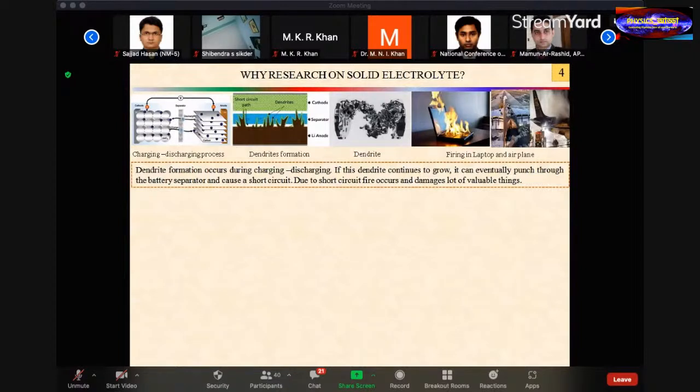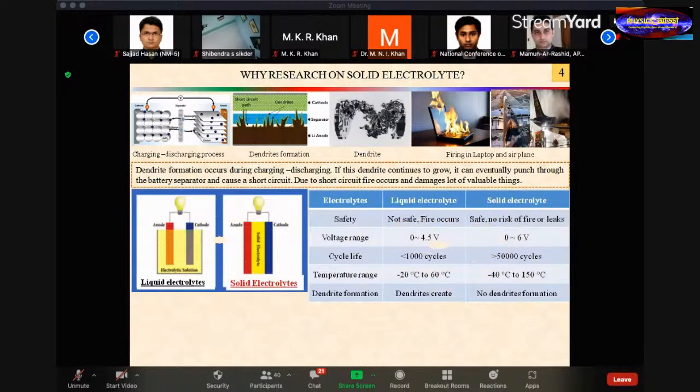You can see in the right corner that the laptop is burning, and also an airplane and some other industry is burning. So these are the issues of using liquid electrolyte materials, which may be solved by using solid electrolyte materials in the presently used batteries.